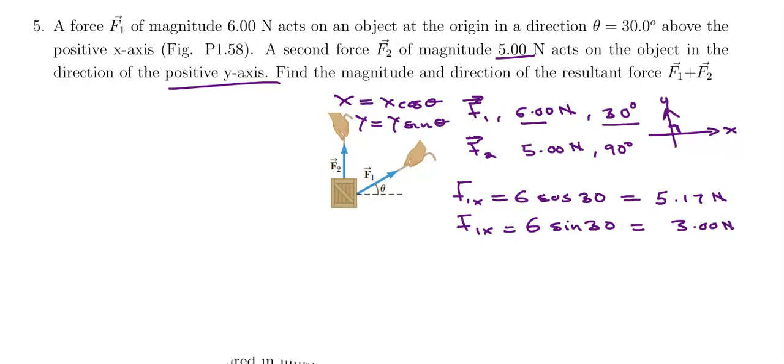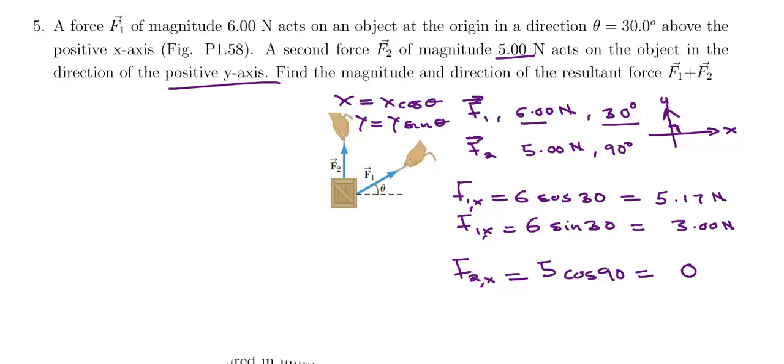Now we come to F2. The x component of F2, we are going to have F cos 90. We say 5 cos 90, which is actually 0.